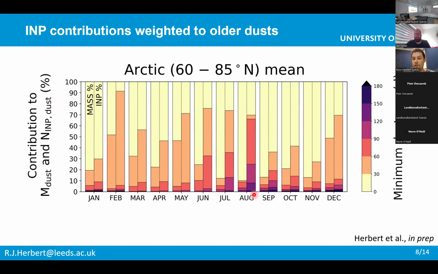August here, for example: 90% of the mass of the dust is from very newly emitted dust particles, but for the INP concentration that only contributes maybe 30%, and it's these older dust particles that are having a bigger impact.